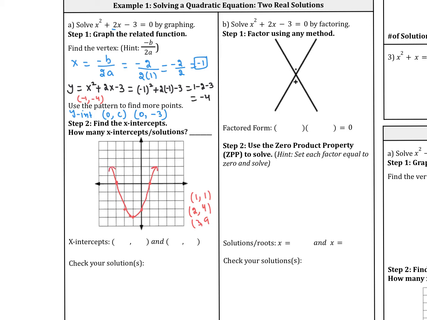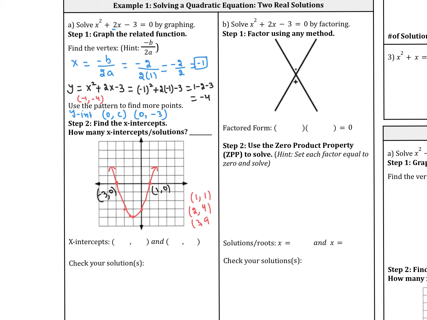Now the x-intercepts are those points where the graph cuts the x-axis. My first point is this one, 1 2 3, so negative 3 comma 0, and the next one is 1 comma 0.